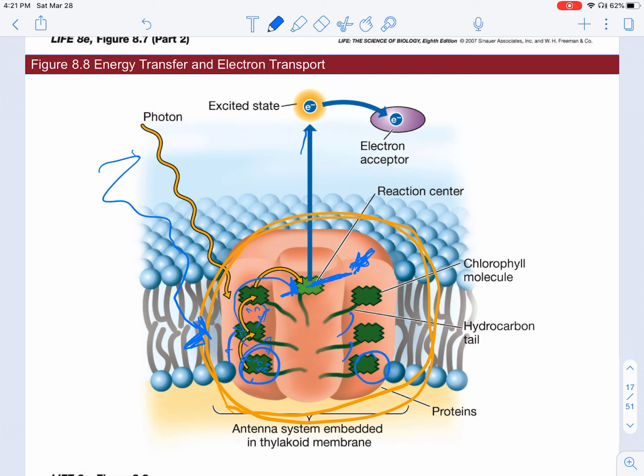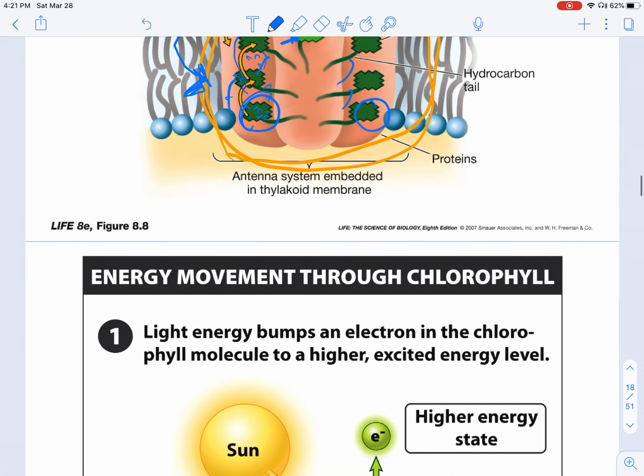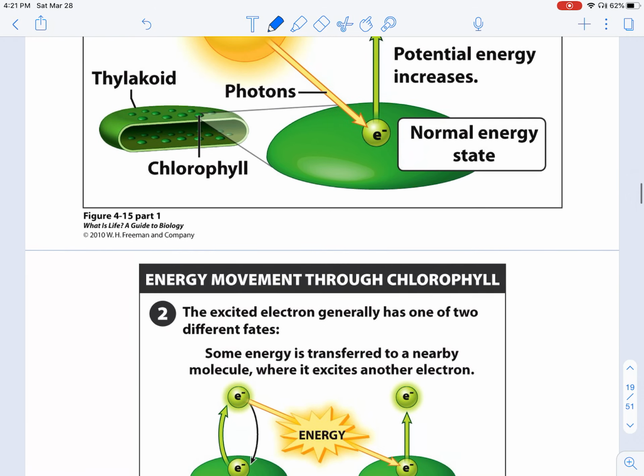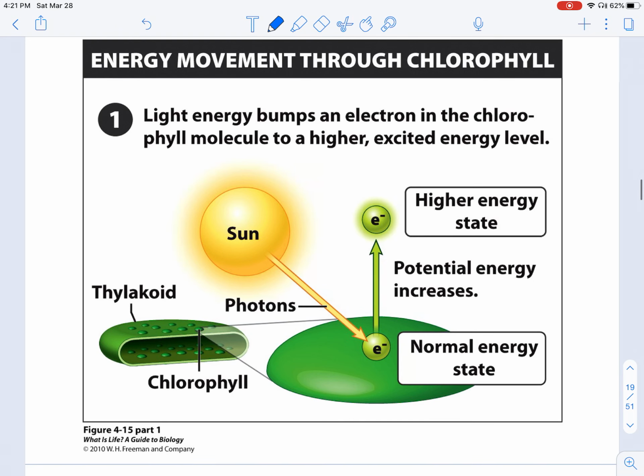At that point, there's a little bit of work that has to be done, but essentially the antenna system, well, one, they have to restore the electron that's lost, and then once that happens, they are ready to take in another photon and start this process all over again.